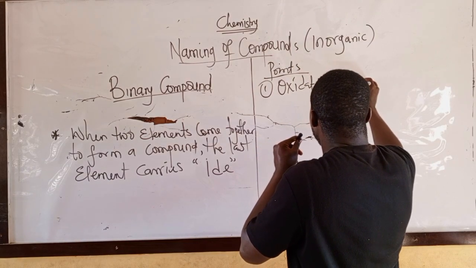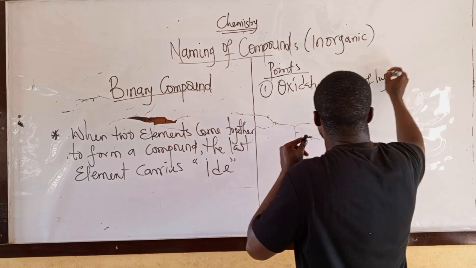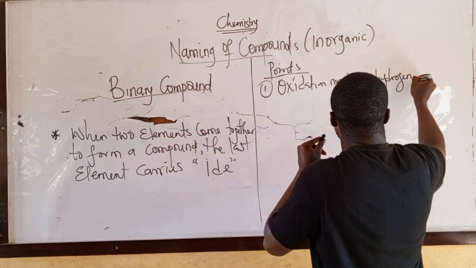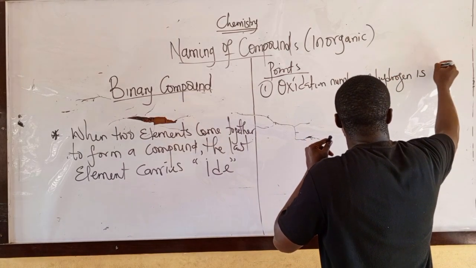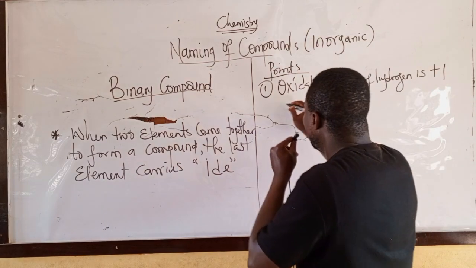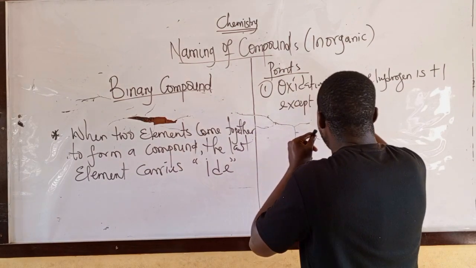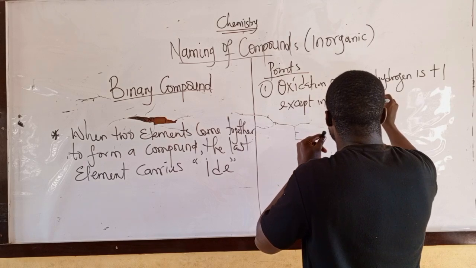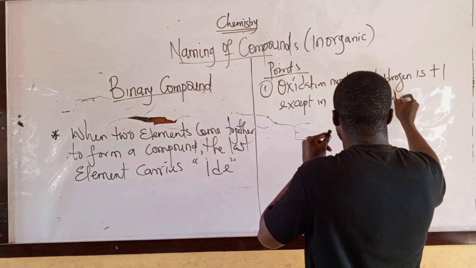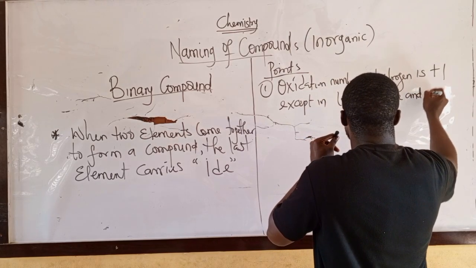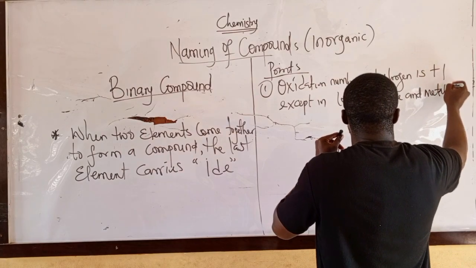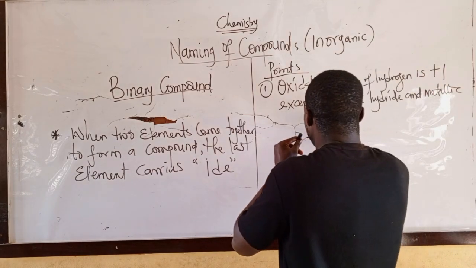The oxidation number of hydrogen is +1, except in ionic hydride and metallic hydride.